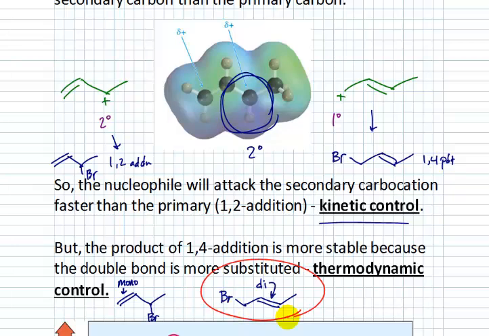Di-substituted double bonds are more stable than mono-substituted double bonds. We learned that in the alkenes chapter earlier on. So if we have access to this product and the reactants, and everything is all reversible and going back and forth, we'll settle into having the most stable product overall.